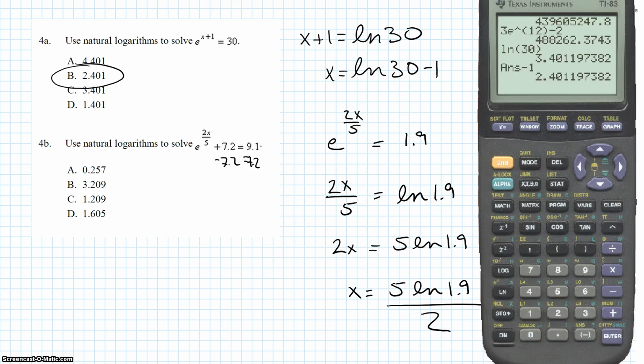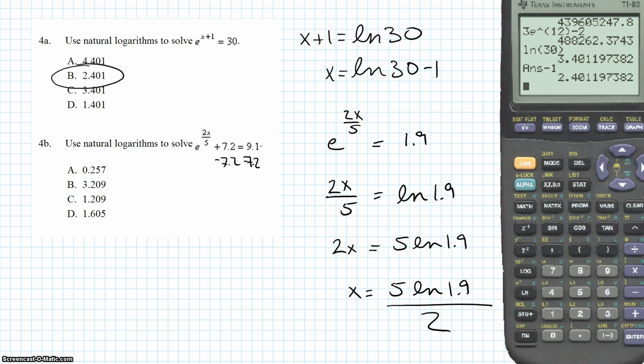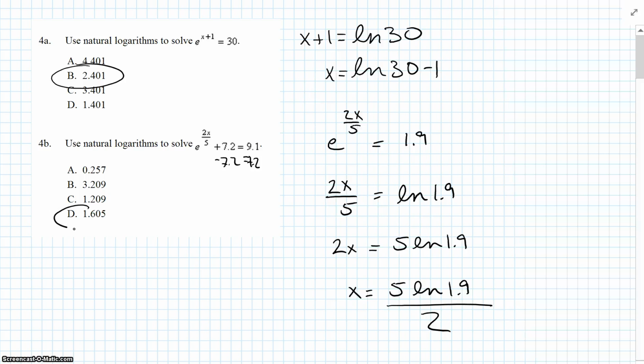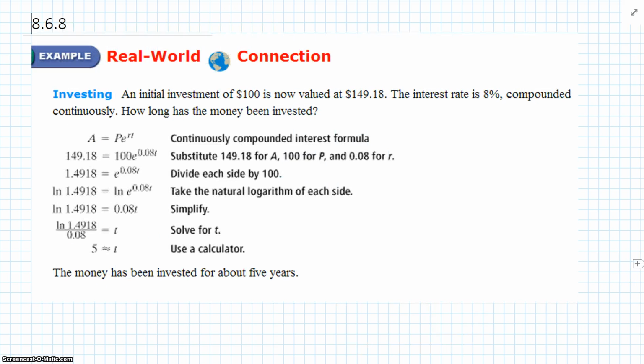Again, easy calculator work. Let's do it. So I have 5 times the natural log of 1.9, divide that by 2, and I got 1.604. Answer is D. Okay, 2 more.